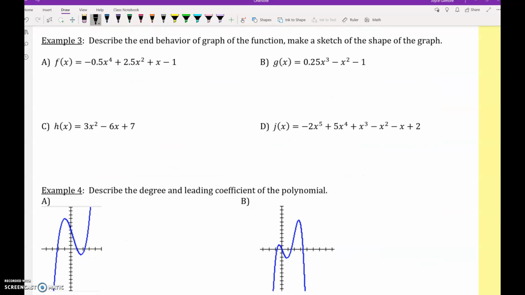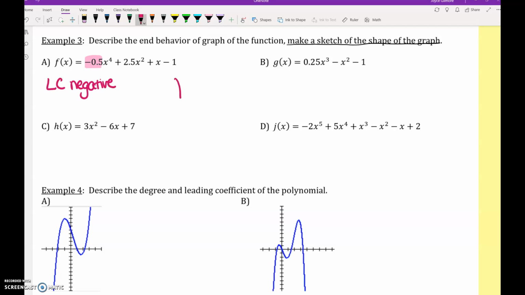And it says that we need to make a sketch of the shape of the graph. Basically, I want the two arrows representing the ends. So this one, first let's start with the leading coefficient. Our leading coefficient is negative 0.5. Is negative 0.5 a positive or a negative number? Negative.